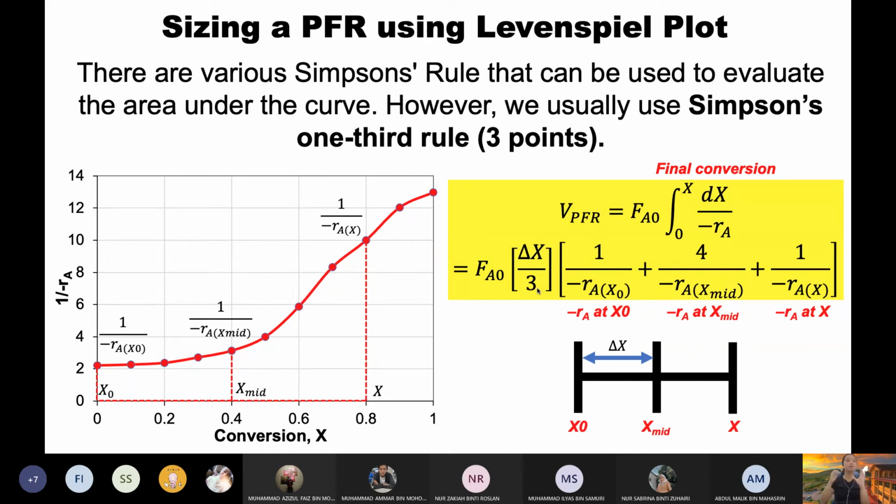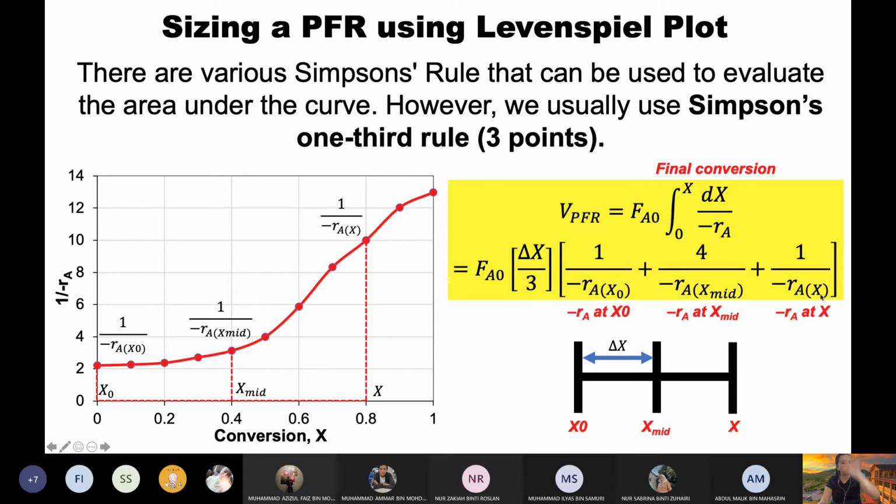Tapi apa maksud dia? Maksud dia akan sama dengan 1 per minus RA at my initial X or at my initial point, means pada X saya yang kosong. I go to the back first. Plus, dia 3 point kan, saya pinjam back sekali. 1 per minus RA at my final conversion.